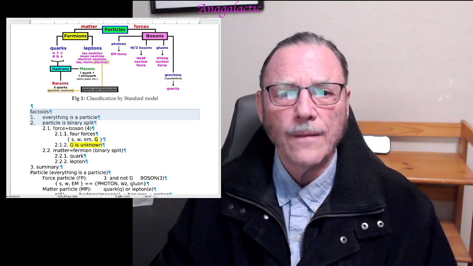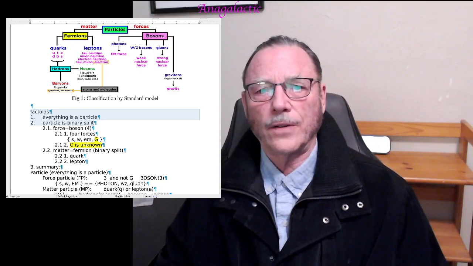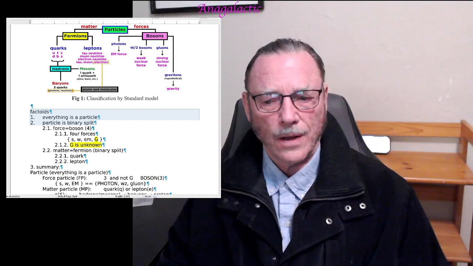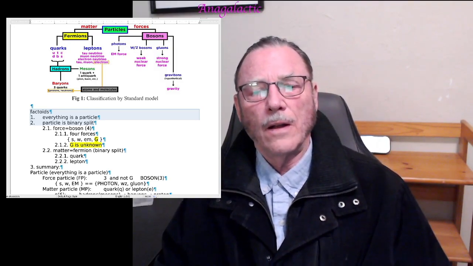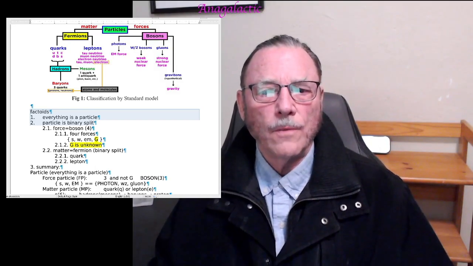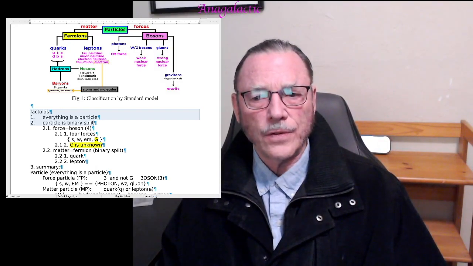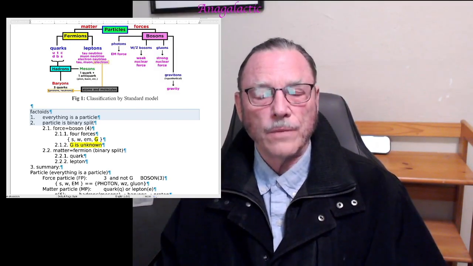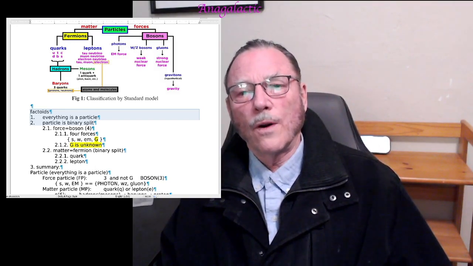You'll see on the far right, there's something called gravity, which you've heard of, but above it, it says graviton. This is a hypothetical particle, and that is in parentheses in this diagram. That has not been discovered. Of course, it never will be discovered. It's very useful to say that there must be a graviton, because that gives a justification in the support of this military-industrial complex that they're able to say to the public, we're working on gravity.